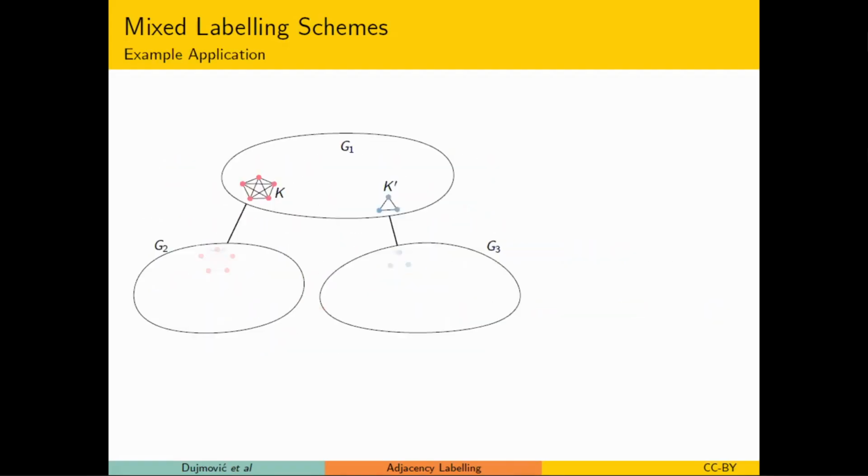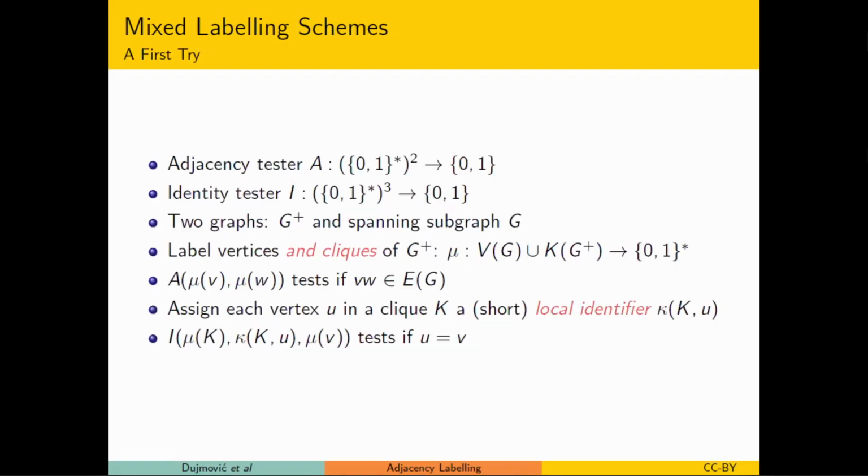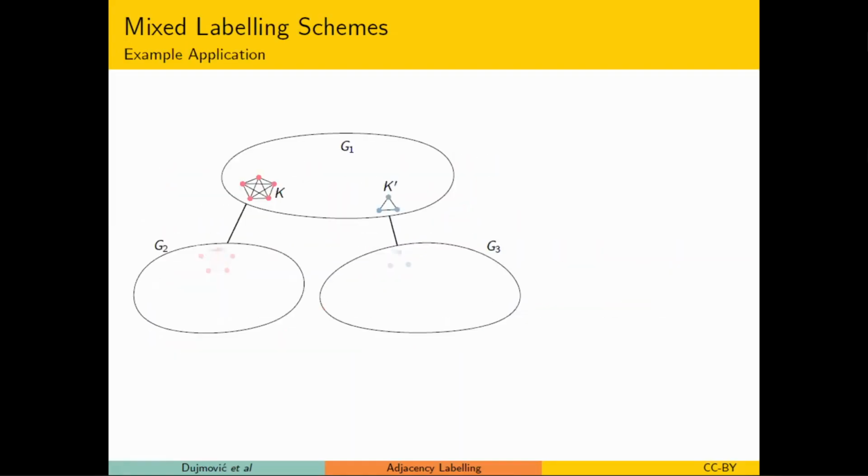Okay, all right, so let's look at a very small example to see how we could use this thing. Here's the smallest non-trivial example I can think of. It's a tree decomposition with 3 bags, and we'll call those graphs G1, G2, and G3. The first thing to notice is it's always problematic that there are vertices that appear in more than one bag because they can't get more than one label.